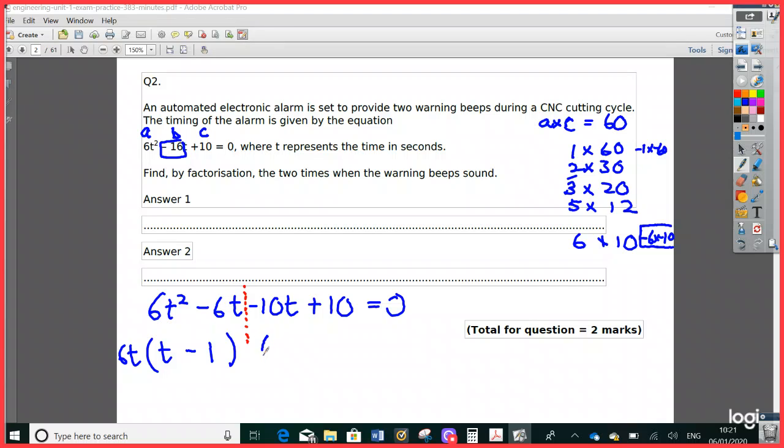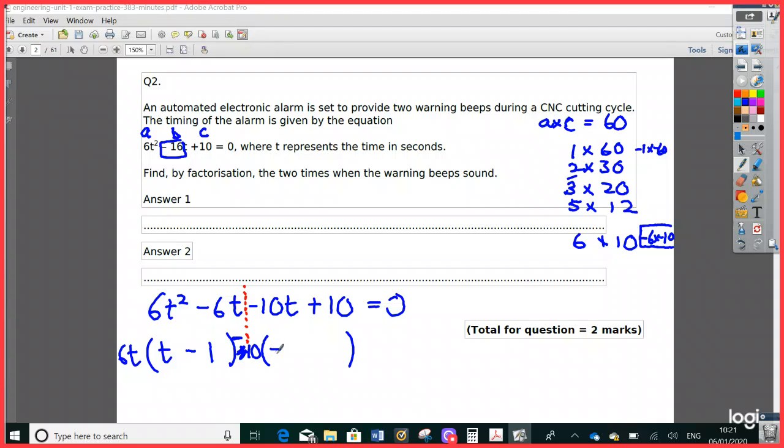Now you factorize this side. They both have a 10, so you bring the 10 out. I'm going to put a positive 10. So 10 times what gives you minus 10t? Well, let's do that again, minus 10.